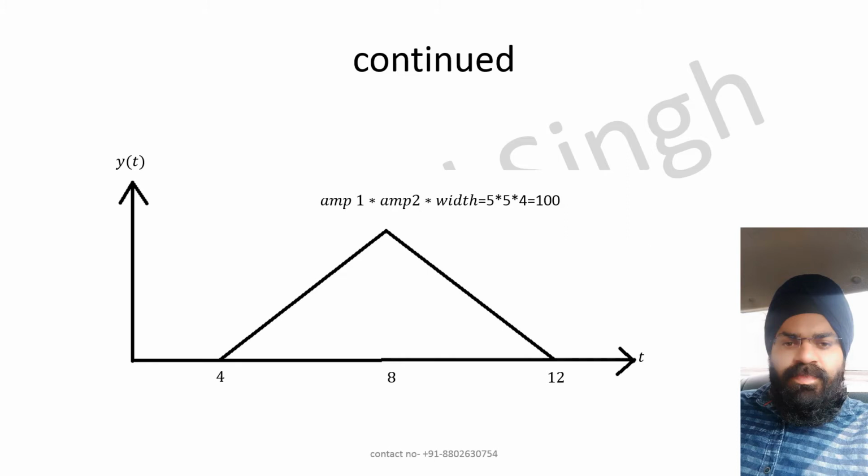So 12 will be the upper limit, and the resultant convolved signal will be a triangular pulse whose amplitude is equal to the amplitude of the first signal times the amplitude of the second signal times the width. So the first signal has amplitude 5, the second signal has amplitude 5, and the width of both signals is 4. So 5 into 5 into 4. So the amplitude of the resultant convolved signal, which is a triangular pulse, will be 100.